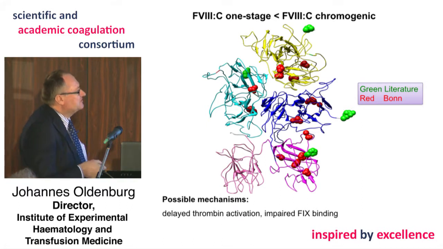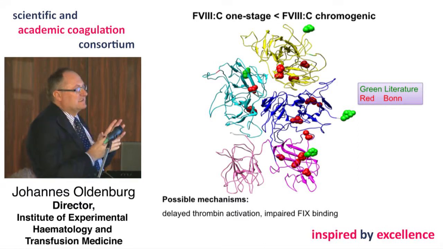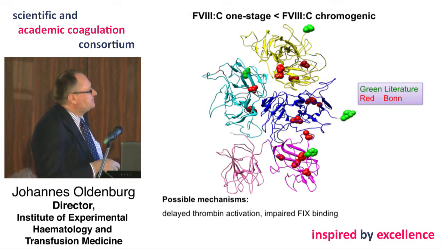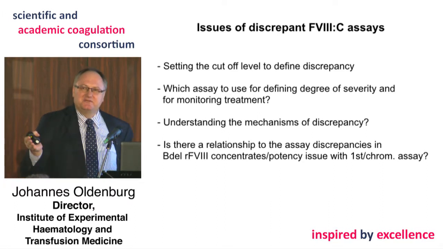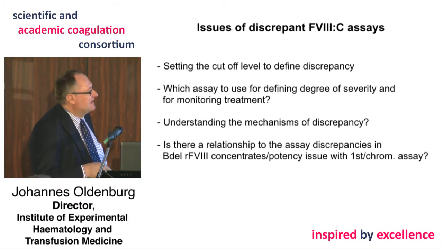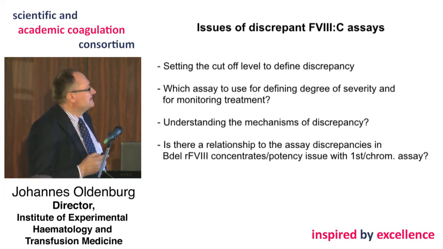So there are issues of these discrepant assays. There's a question where to set the cutoff level to define discrepancy, which assay to use to define the degree of severity in hemophilia patients, and to understand the mechanisms that lead to these discrepancies.